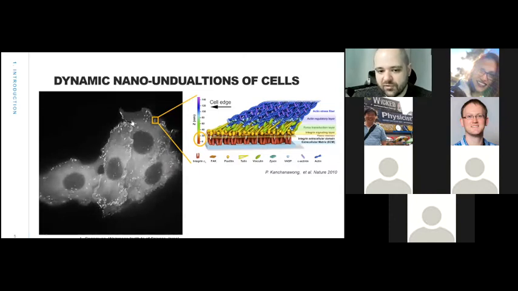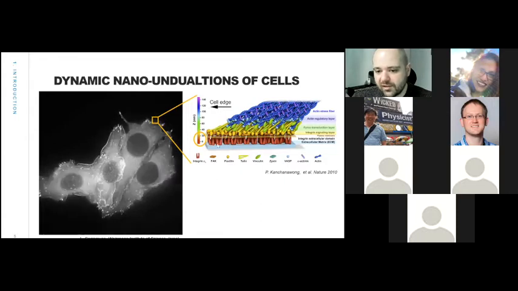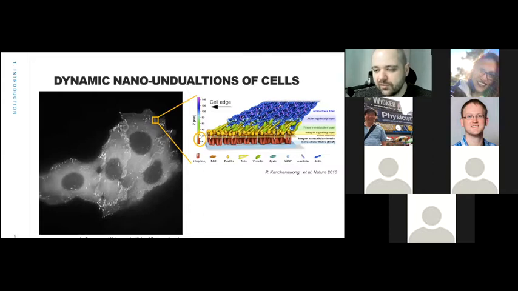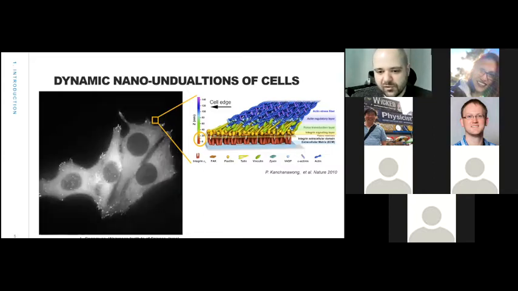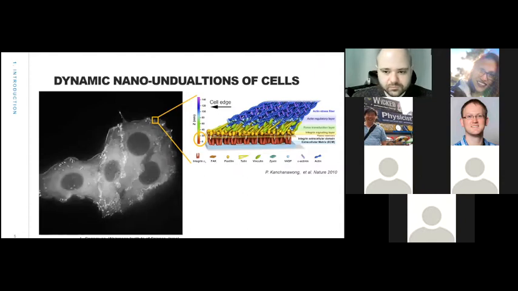Interestingly, both the membrane motion and these integrin length scales are at the nanoscale, and this was something that Professor Adam Curtis was quite interested in.